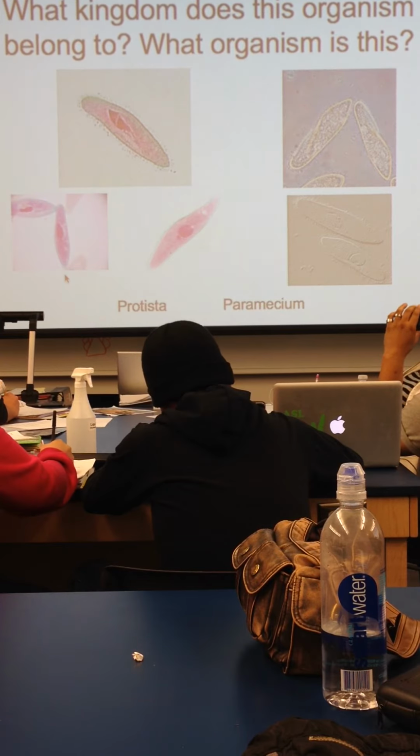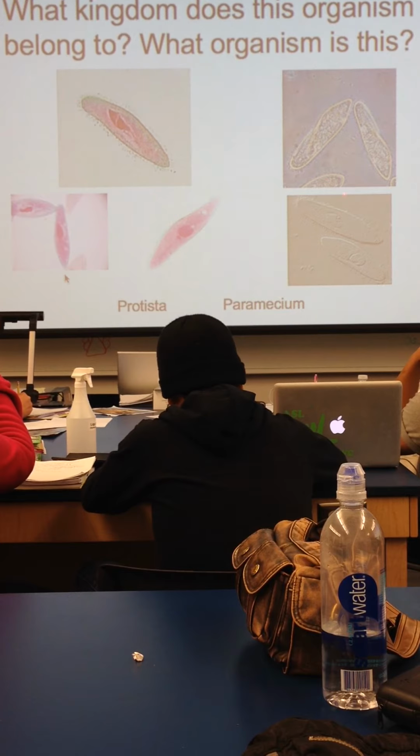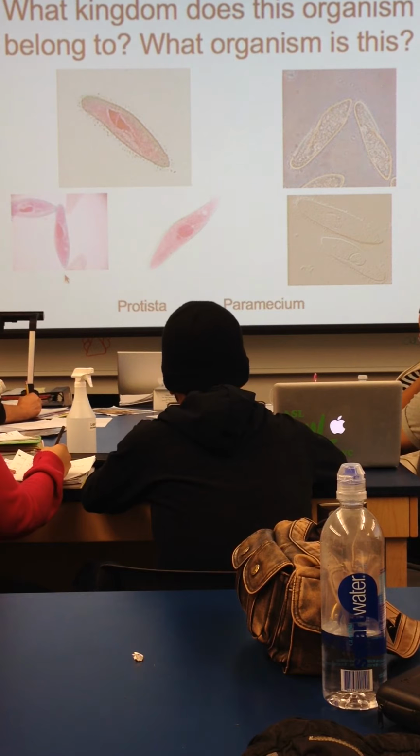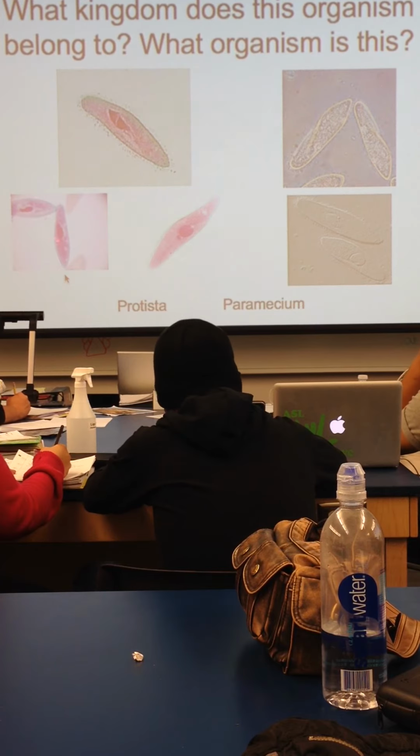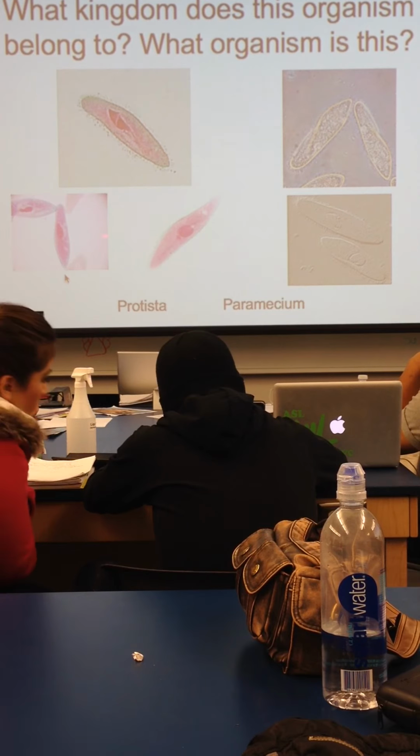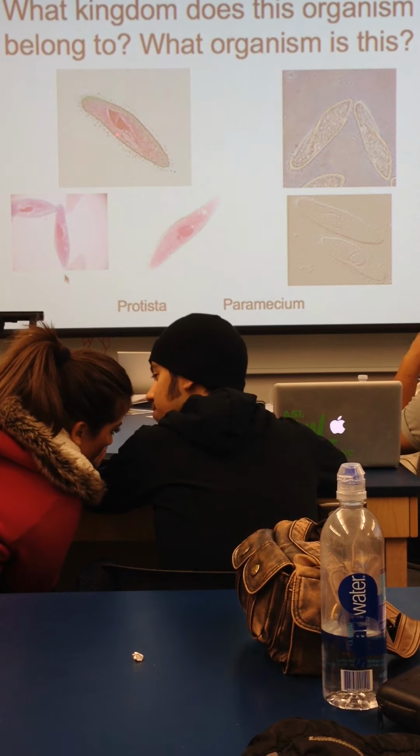Good. Now, paramecium was one where we looked at the living organisms, which are on your right, transparent, and the preserved. Now, in the preserved, ours looked more like this guy where you could only see the macronucleus. And this one you can see the micronucleus. All right? So ours looked a little more like this and kind of like that.